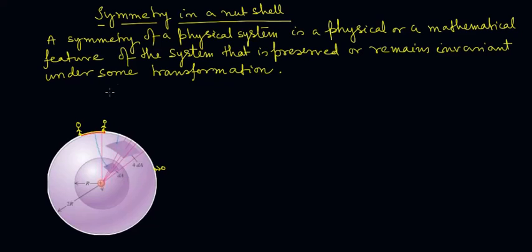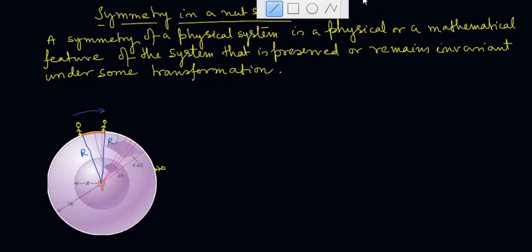So you have moved continuously from this position to this position, and you will feel that you are radially at the same position as far as this sphere is concerned. Fine. You are at a distance r from the center. You are here also at a distance r from the center. This is a continuous symmetry. Why? Because you have moved from one position to the other continuously and you have not seen any change.